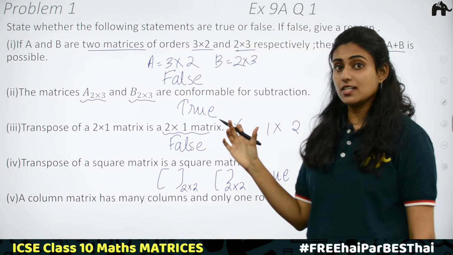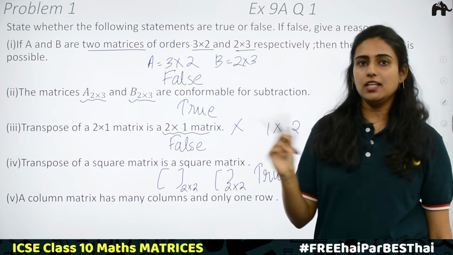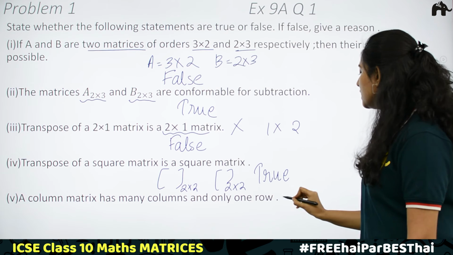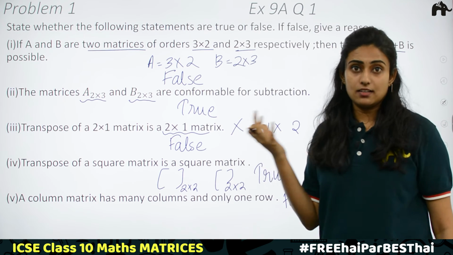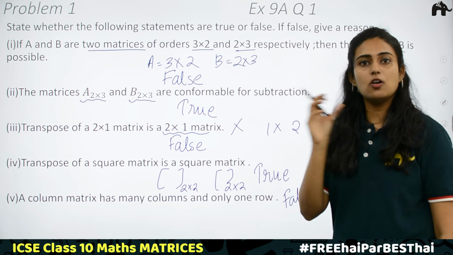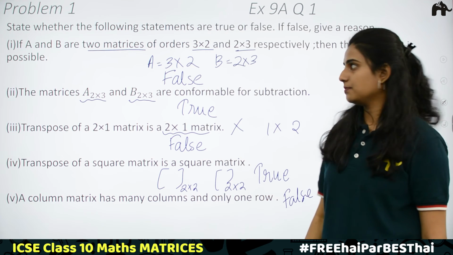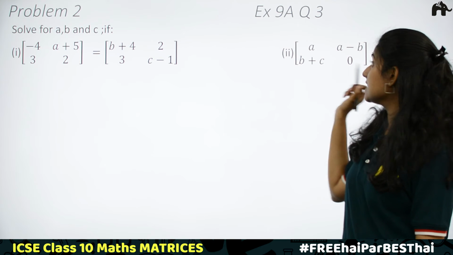Definition of column matrix: a column matrix has only a single column and any number of rows. Just the opposite statement is given, which means this is false. The reason is just the definition of a column matrix. A column matrix should have only a single column and any number of rows. Clear?